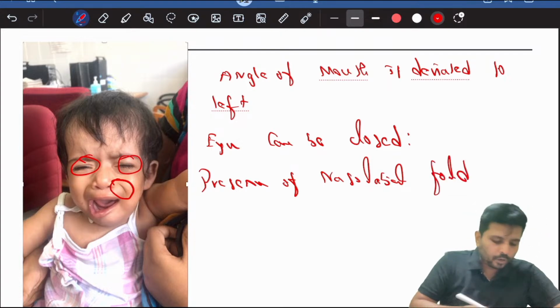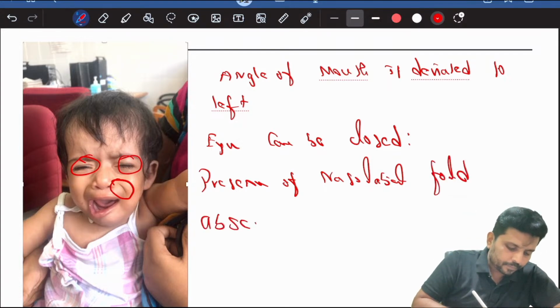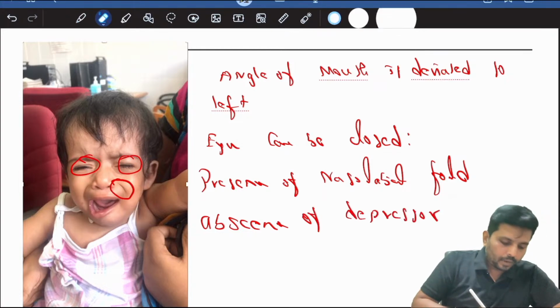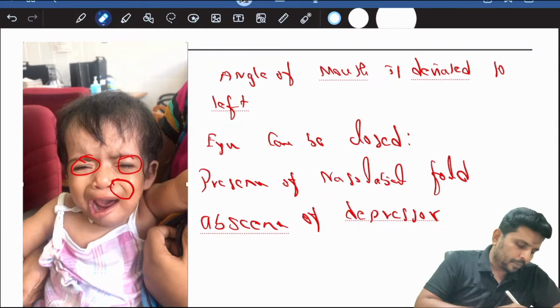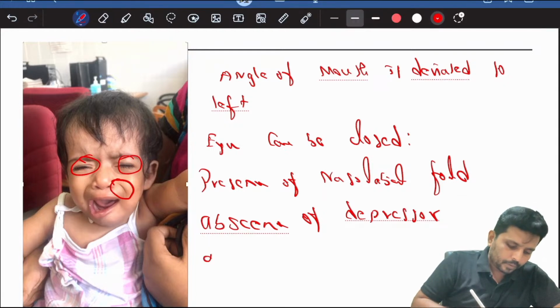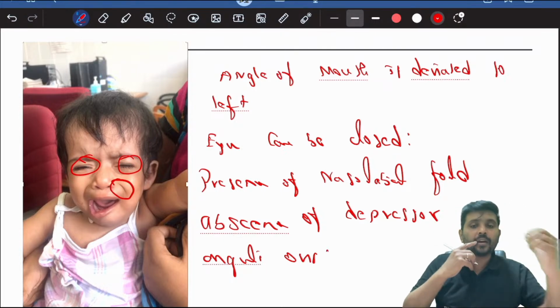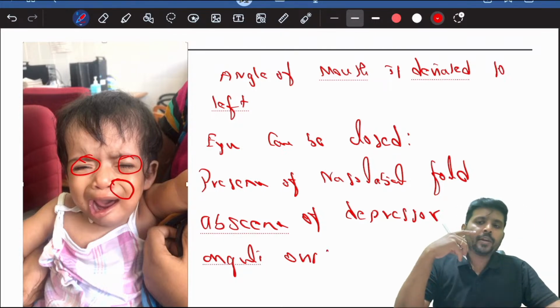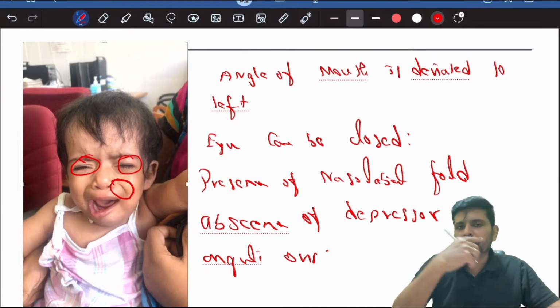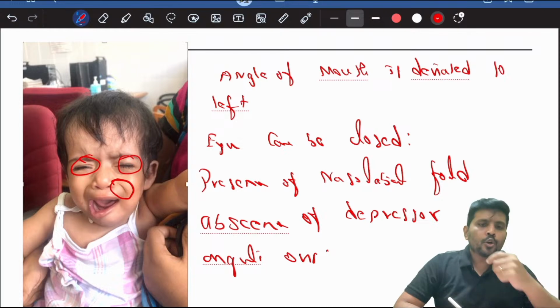So this is absence of depressor anguli oris. There is a muscle here which makes the angle of mouth depress. When depressor anguli oris is absent on one side, the other side will automatically be pulled.